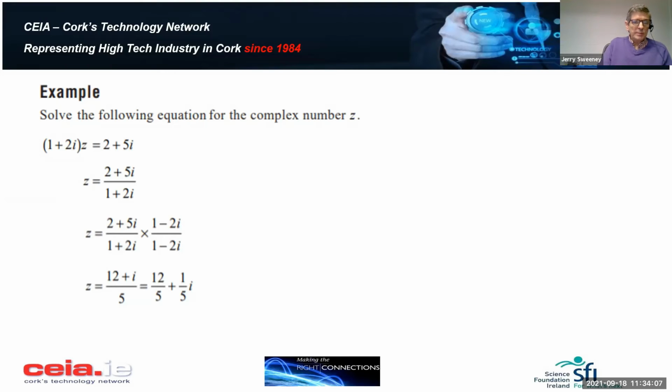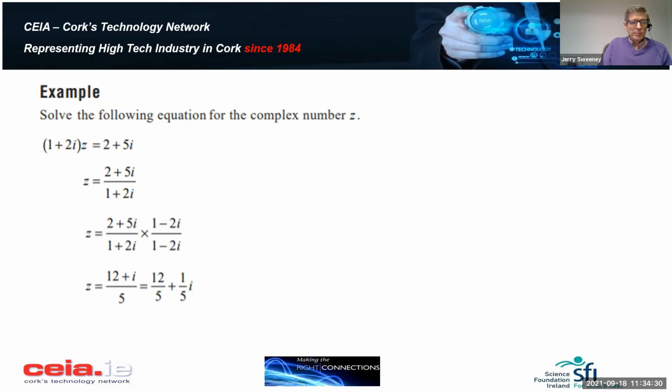1 plus 2i times z is equal to 2 plus 5i. If you were thinking in terms of real numbers, this would be a times x is equal to b, where a is 1 plus 2i and b is equal to 2 plus 5i. So what you do is z is equal to b over a.